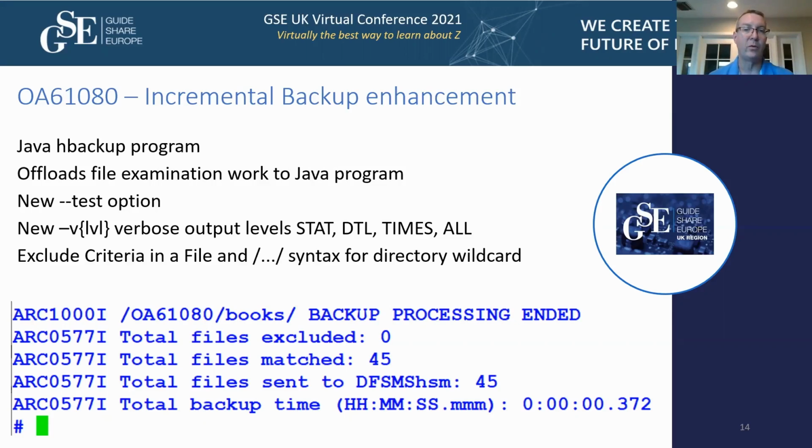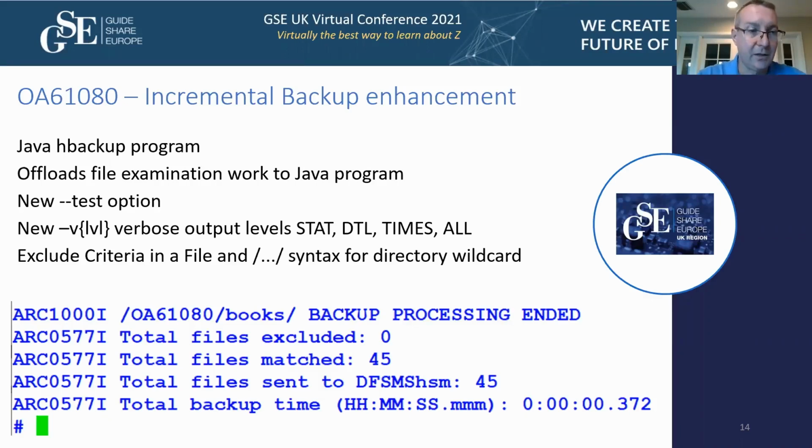Once the original support went out, we were noticing quite a bit of CPU usage in the HSM address space looking at the files to be backed up. It looks at each directory, each subdirectory, and each file, and it would take quite a while and use a fair amount of CPU to do it.